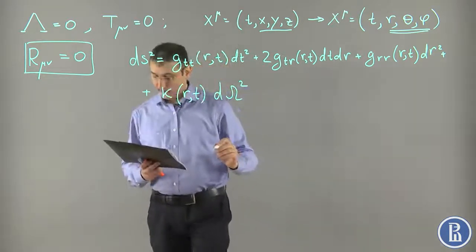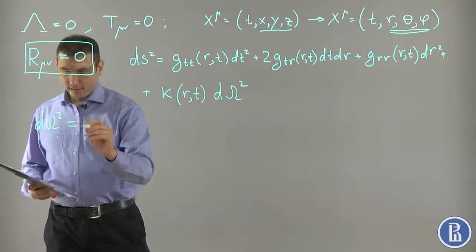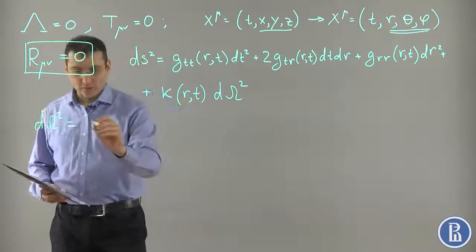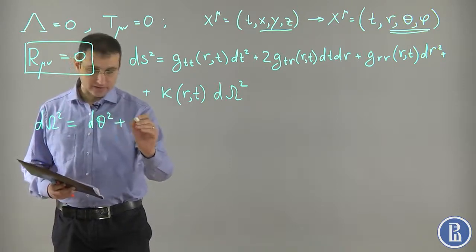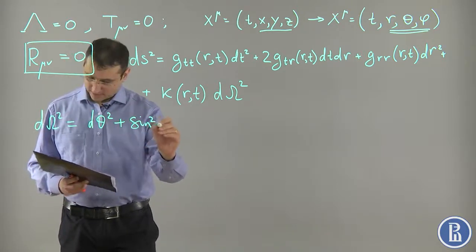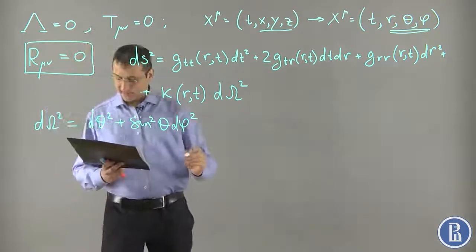What is d omega? d omega squared is the well-known metric on the unit sphere, which in spherical coordinates looks like this. So this is a metric on the unit sphere.